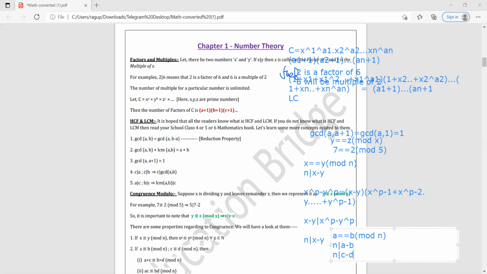So the sum of those numbers would also be a multiple of n. So n divides (a plus c) minus (b plus d). So you can write a plus c is congruent to b plus d mod n. And no need to remember these properties. You can easily derive these.